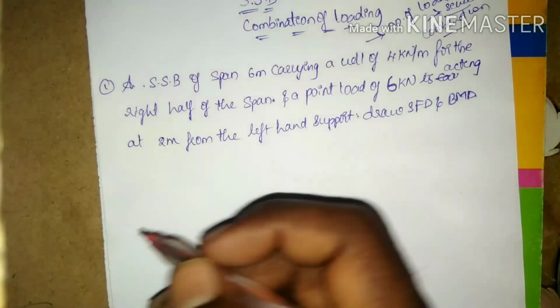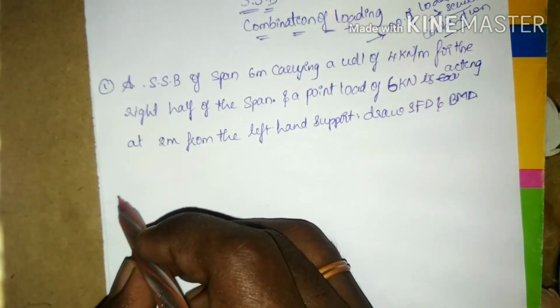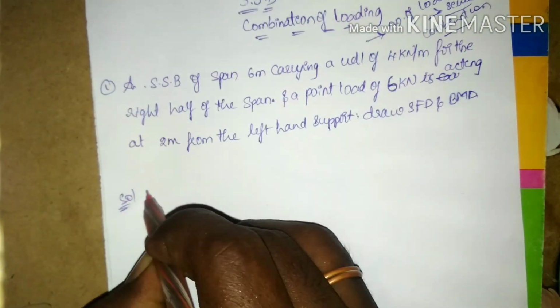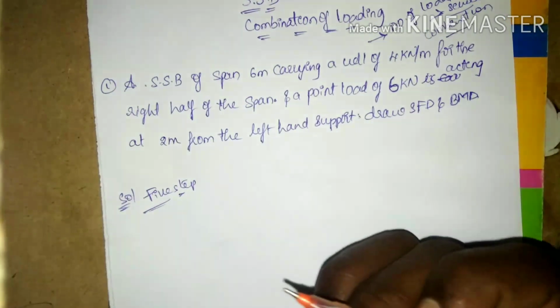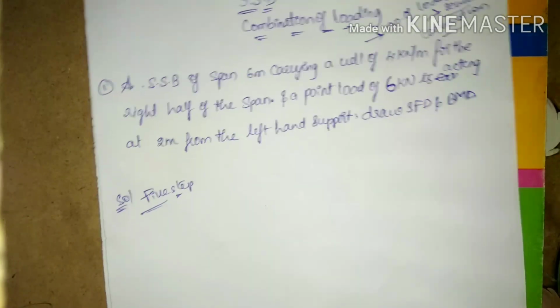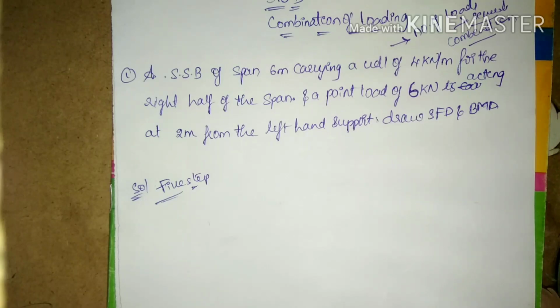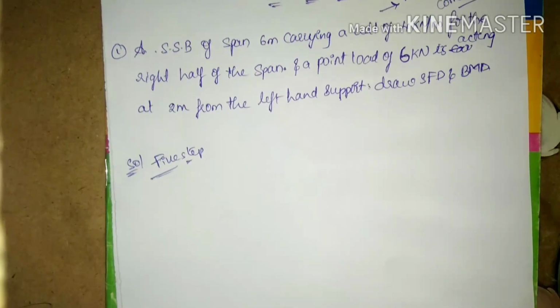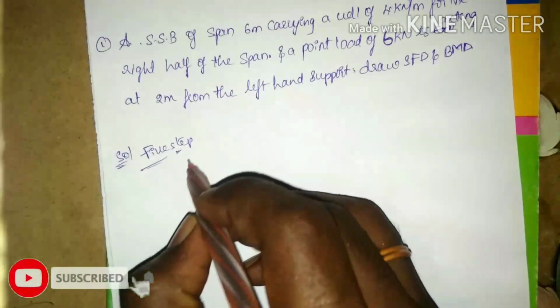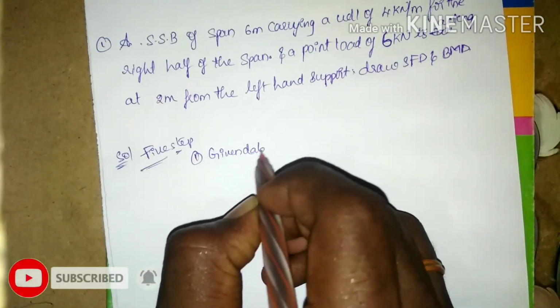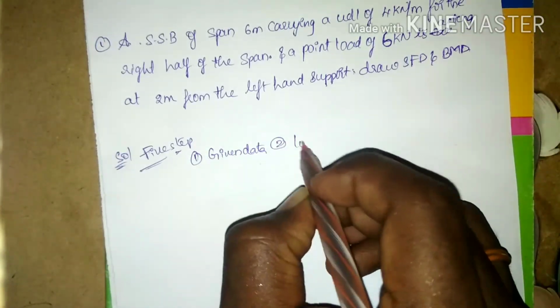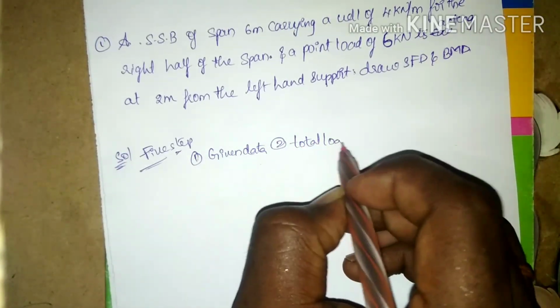Let us have our 5-step method. This method is used for all cantilevers, simply supported and overhanging beams. Number 1, given data. Number 2, total load on beam.